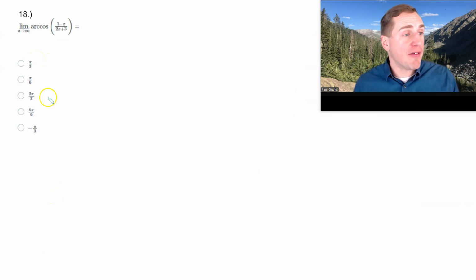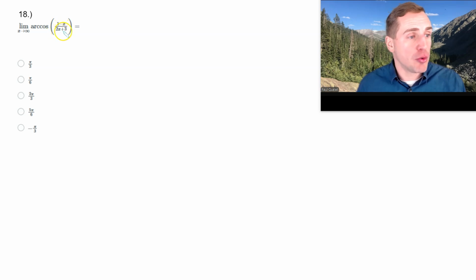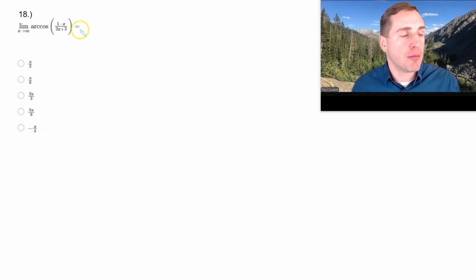Okay, so here we have the limit as x approaches infinity of arc cosine of (1 minus x) over (2x plus 3). And it looks like the possible answers are in terms of pi. So we're looking for some sort of special value.